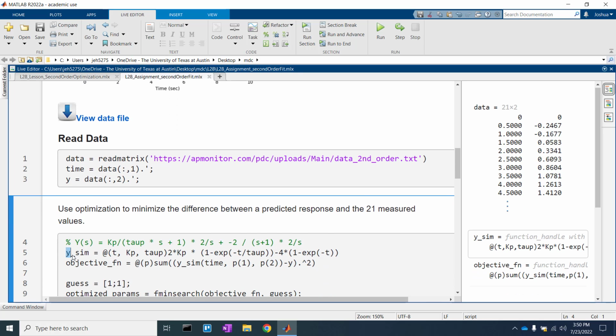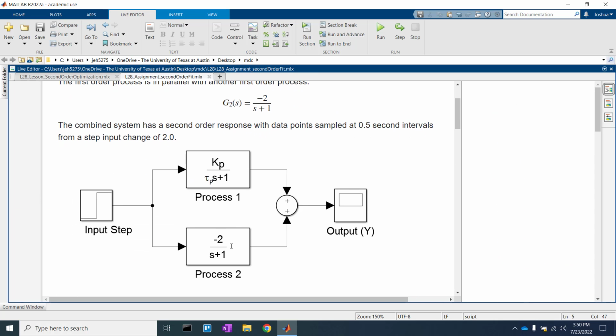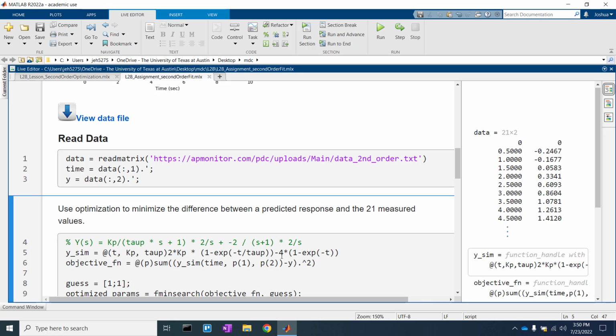I'm going to make a function called ysim. This ysim takes arguments t as well as kp and tau p. Then it will output 2 times kp times 1 minus the exponent of negative t over tau p. And that 2 is coming from that magnitude. And then negative 4, because we have the negative 2 up here, times the 2, which is the input. So negative 4 times the exponent of negative t, and that's because our tau is 1, so dividing by 1 we don't even have to write that.